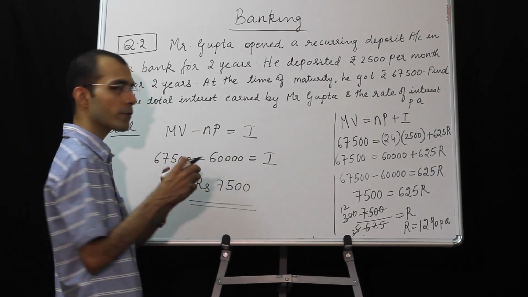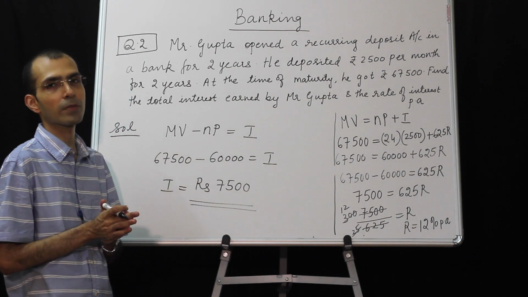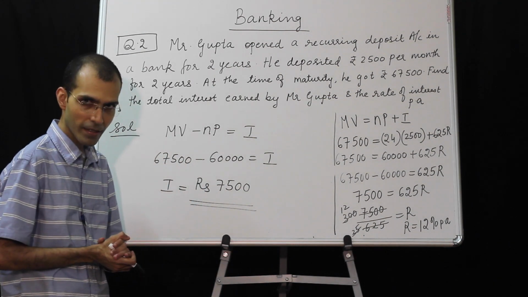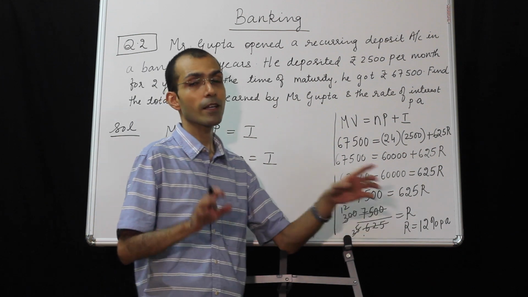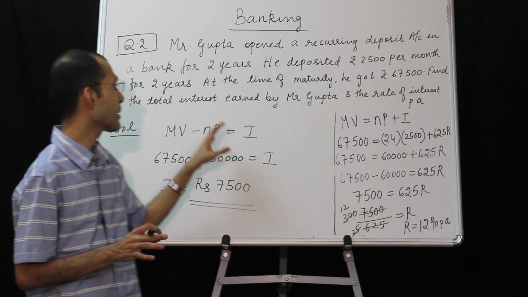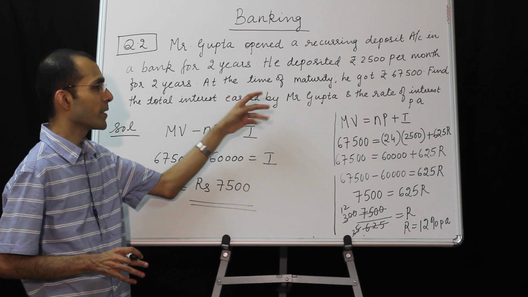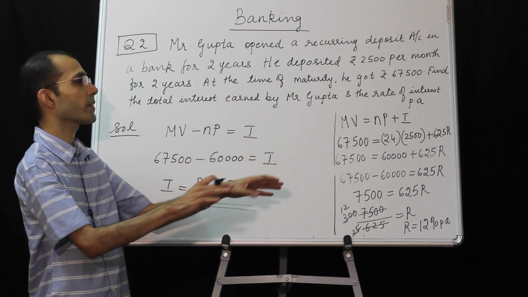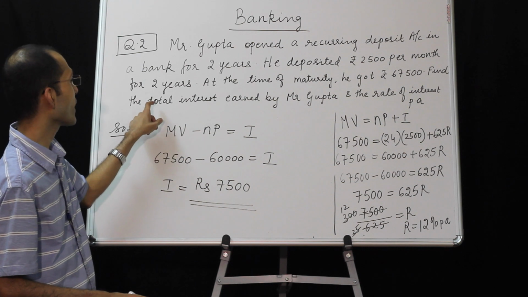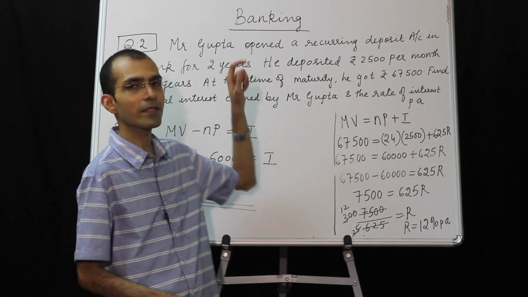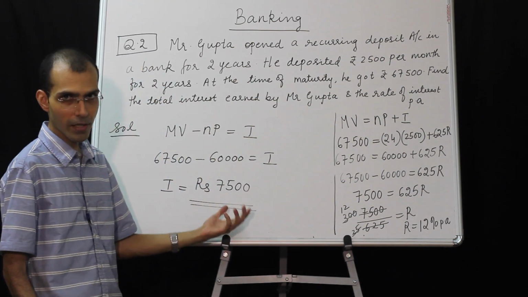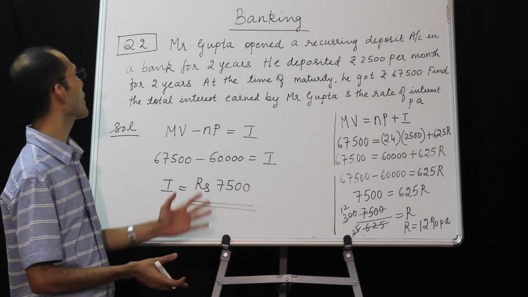So the actual interest in rupees earned by Mr. Gupta is 7,500 and the rate of interest is 12% per annum. Remember to answer the question up to the end. Many students find R, okay, and it is done. But the question also says find the total interest earned by Mr. Gupta. So this would naturally fetch 1 mark. Now we are done with this sum completely.